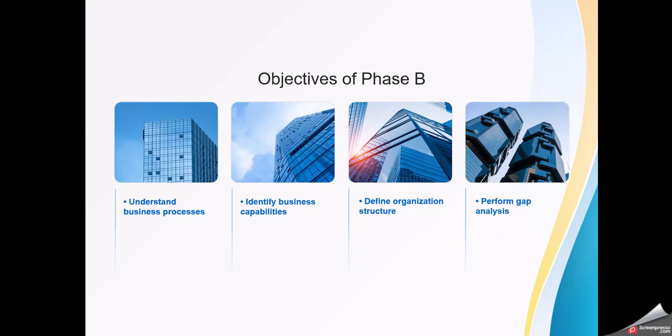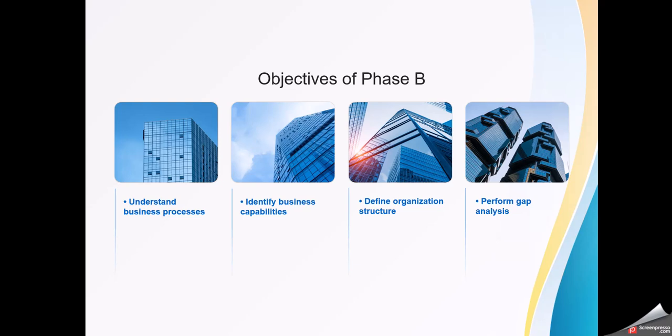You have to consider everything. Then you have to identify the business capability, which is nothing but what the particular organization is capable of. If you want to convert the legacy system to a microservice architecture, you should verify up front whether that organization has the capability to do it.